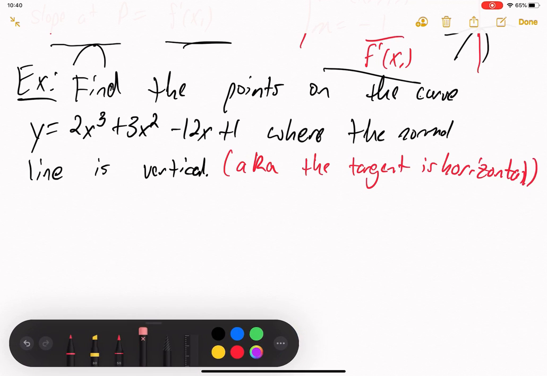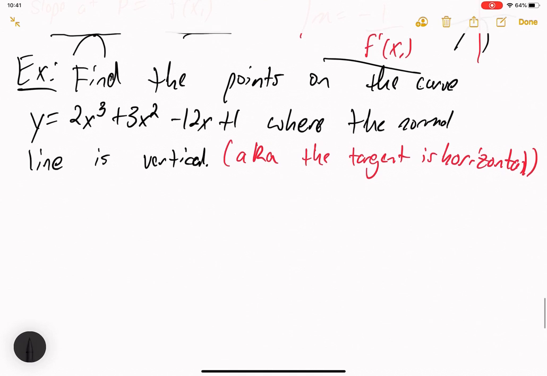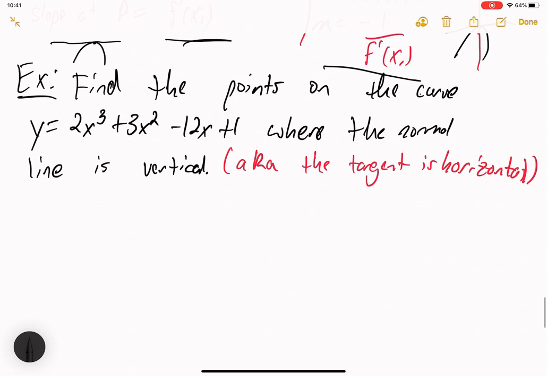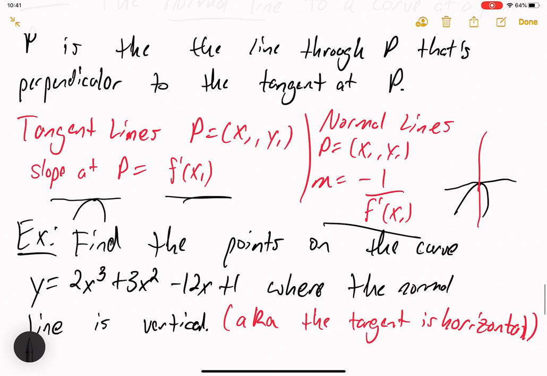All right. But again, this is a more special setting, but now we can try to figure out what's going on. So if you remember, the tangent line is the horizontal. So remember what I just said right here, that the slope of the tangent line at P is equal to f prime of x1. So if it's horizontal, then that means it has slope 0.